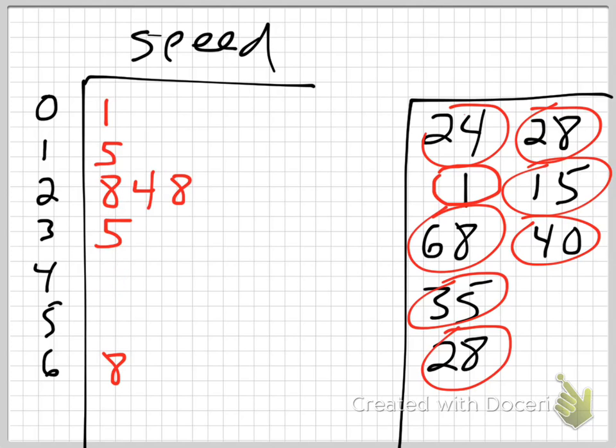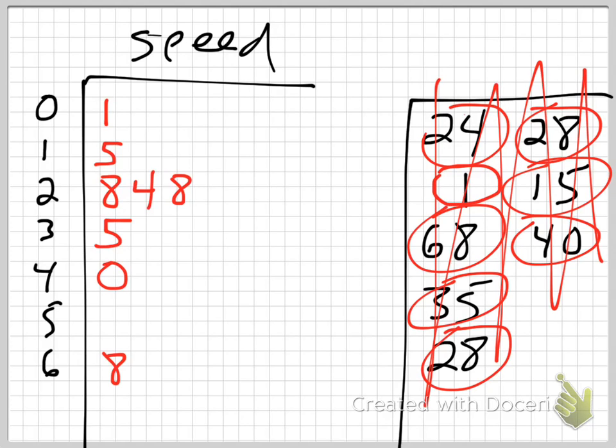I have a question. Can you tell me the mode by looking at the stem and leaf plot? What's the mode? 28. How do you know? Forget this. If you couldn't look at this anymore, how do you know? How do you know, Emily? There's two 8s here. This 8, what's that 8 mean? 28.